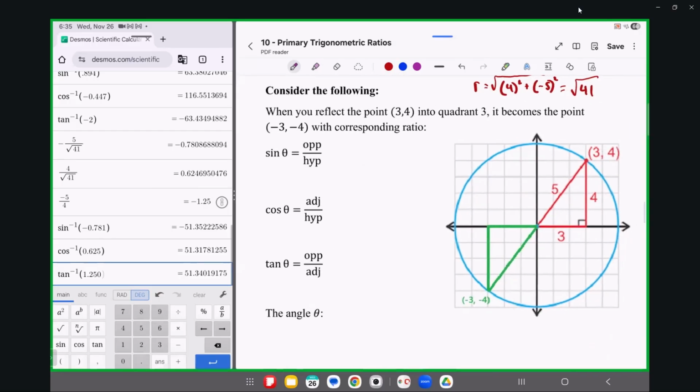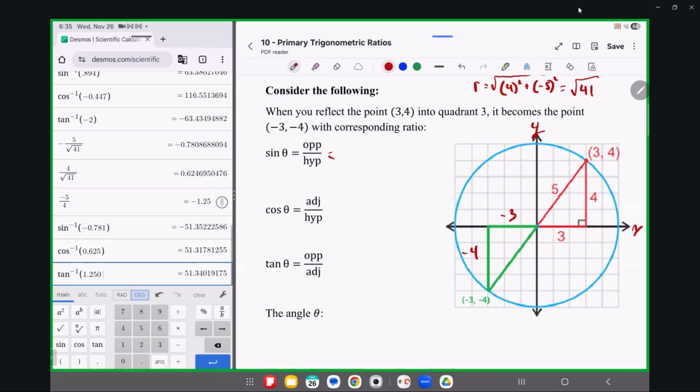So here, let's consider the following. When we reflect the point 3, 4, so we studied this earlier, into quadrant 3, it becomes the point -3, -4 with corresponding ratios. Sine theta would be, now keep in mind, -4 is the vertical component, -3 is the horizontal component if it's x and y.